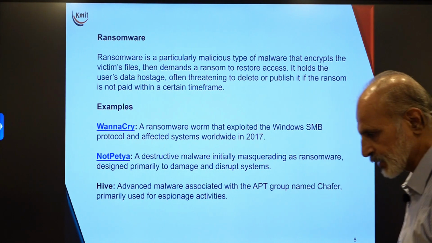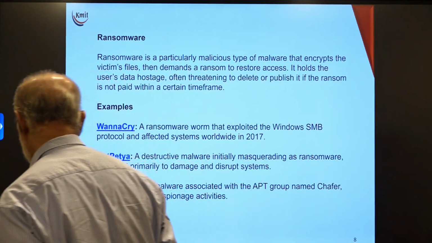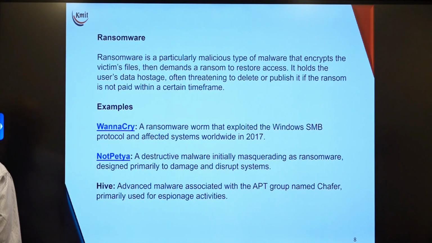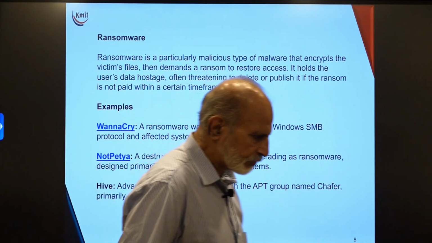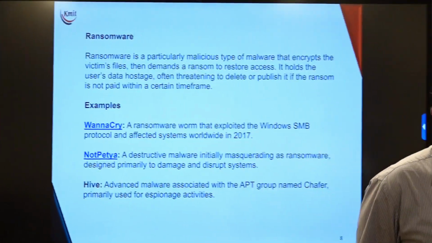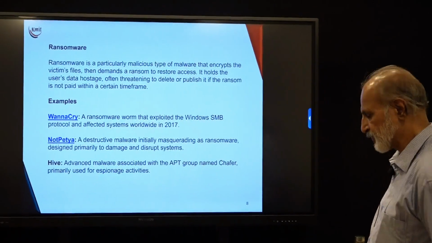So it's like another kind of digital dacoity. Examples are WannaCry, a ransomware worm that exploited a Windows protocol and affected systems worldwide in 2017-18. NotPetya is destructive malware, initially masquerading as ransomware, designed primarily to damage and disrupt the entire system. Hive is advanced malware associated with an APT group, primarily used for espionage activity. So you can see that people are looking for more monetary gain by spreading these kinds of viruses.